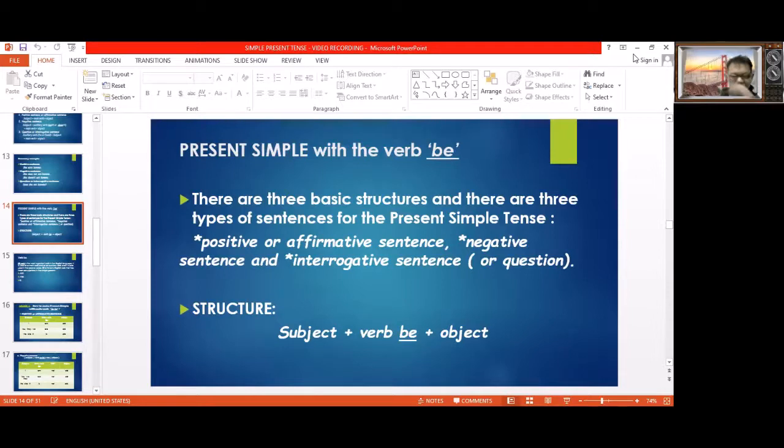They're the same. So for a positive sentence, again, we have a subject. Now, it's not a main verb, it will be the verb be, plus the object. Okay? So let's move on.